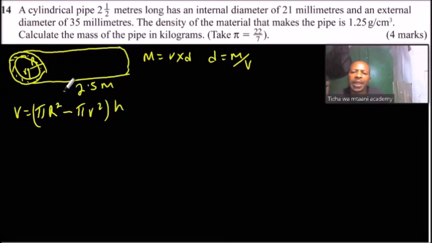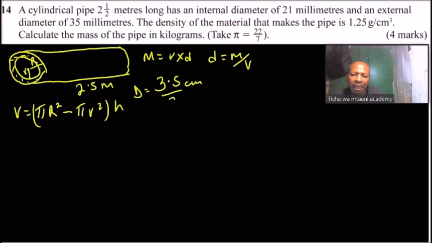So since we have been told that the internal diameter is 21 millimeters and the external is 35 millimeters, and since our density is given in terms of centimeters, we need to convert this to centimeters. So 35 millimeters divided by 10 is the same as 3.5 centimeters, and this is the diameter.